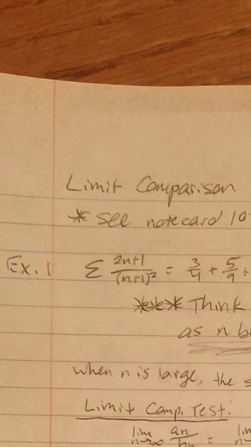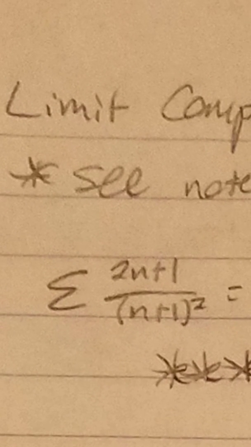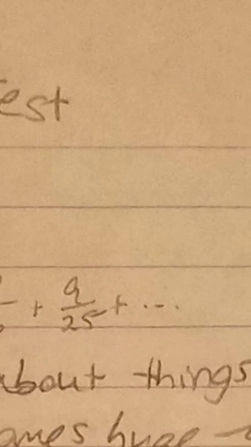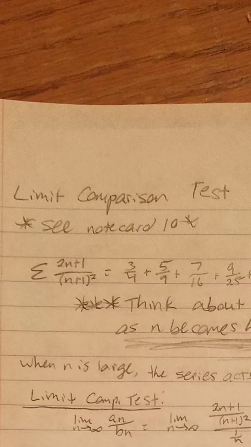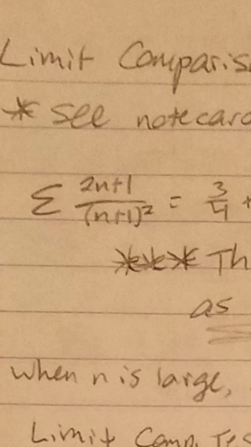So let's jump right into it. We've got the summation from n equals 1 to infinity of 2n plus 1 over quantity n plus 1 squared. So I wrote out a few of the terms, all that good stuff. It's always a good idea to do that, but sometimes I'm lazy and I just don't. So I wrote a note here because this is how I have to think about it.